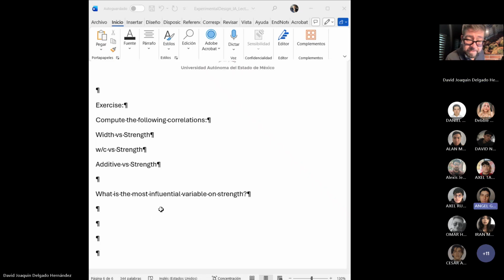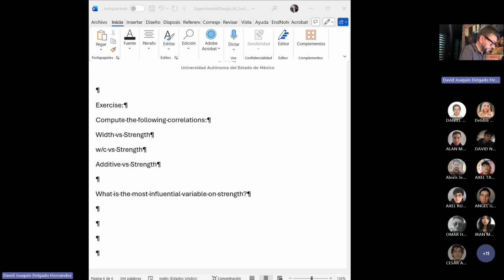This exercise is the same as the previous one, but we don't need to use the strength noise, right? Exactly. You use the strength, the next column, right? The column. Let us do it together.